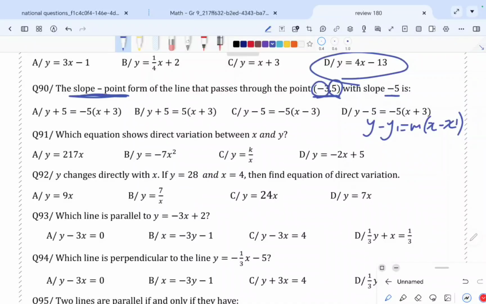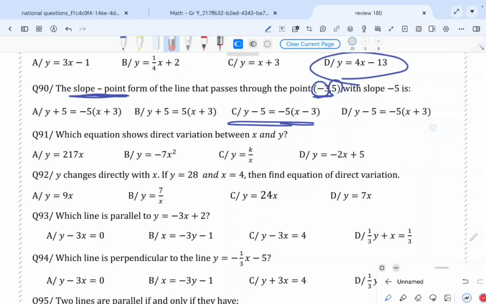In which one was 3 positive and 5 negative? Can I choose C? No, because 3 is negative and 5 is also negative. And in this one, 5 is negative and 3 is positive. So D is the correct answer. Please pay attention to these questions.